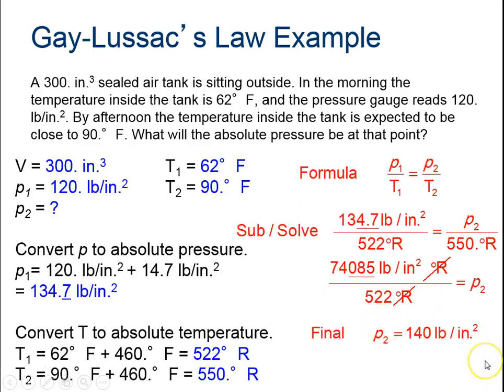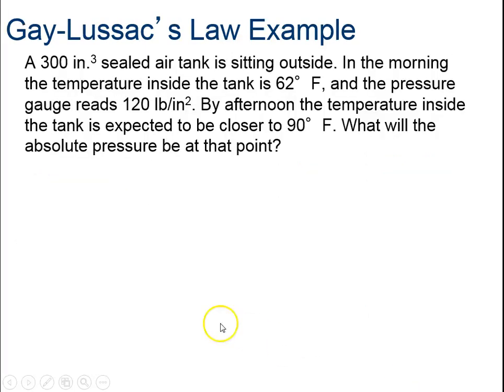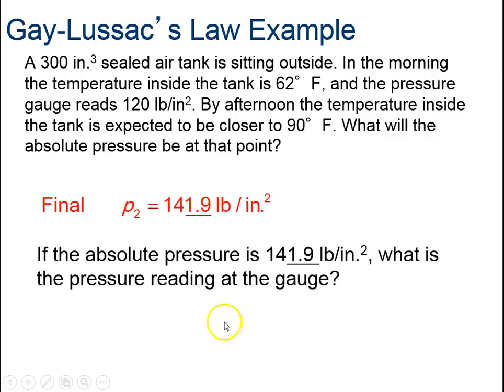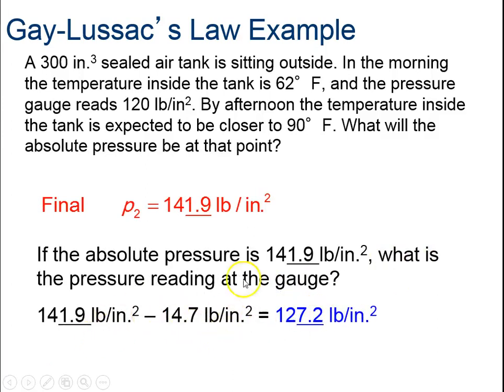Remember, this is absolute. If they wanted gauge pressure, we'd have to go back and subtract. And that's what they're doing here. What would be the gauge pressure? Well, we need to go back and subtract off the atmospheric pressure to get the gauge pressure. And that's the end.